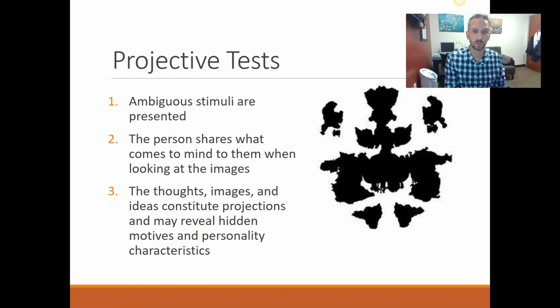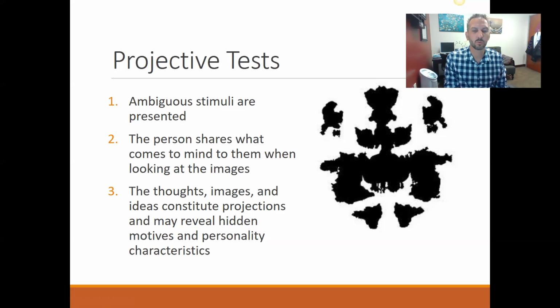So they share what they might see in the images. And the thoughts, images, and ideas are thought to constitute projections. Projections are this idea that sometimes if you have something ambiguous, what the person sees in that thing represents not something that is true about the object, but actually something going on inside of them.